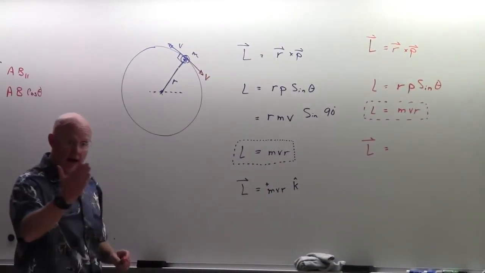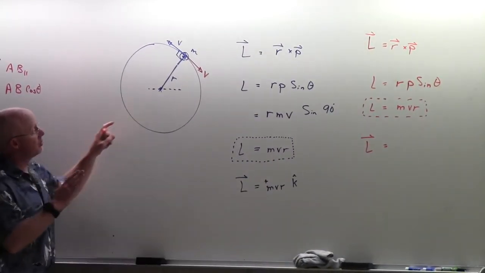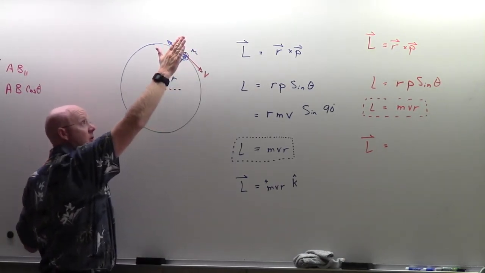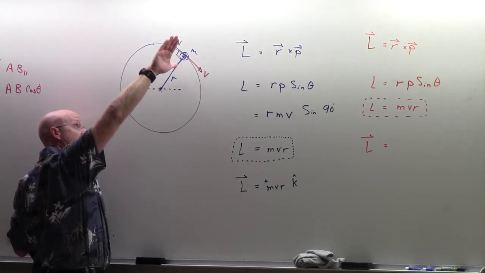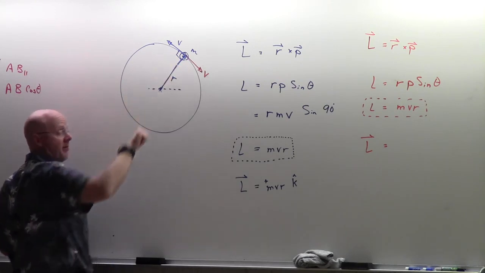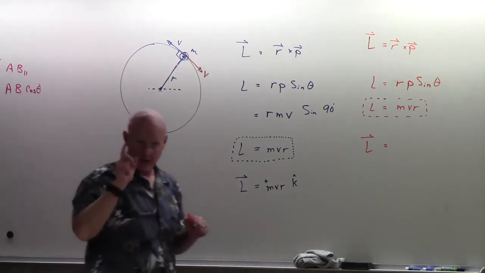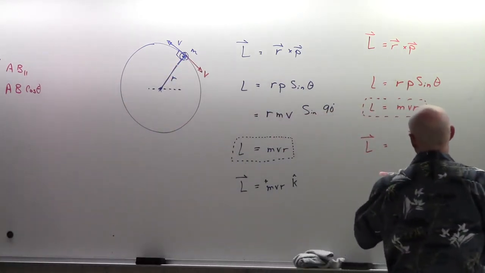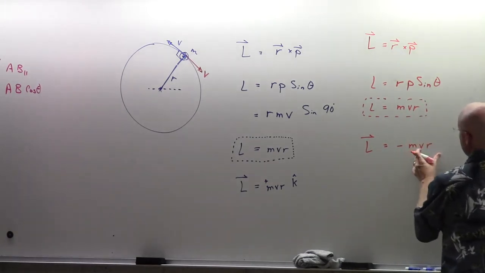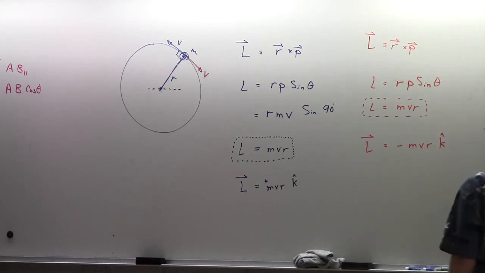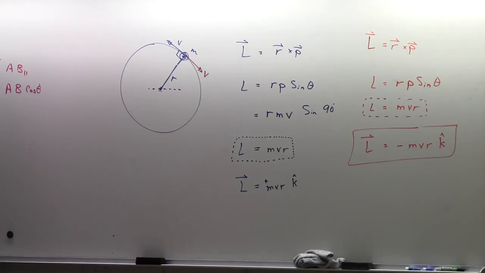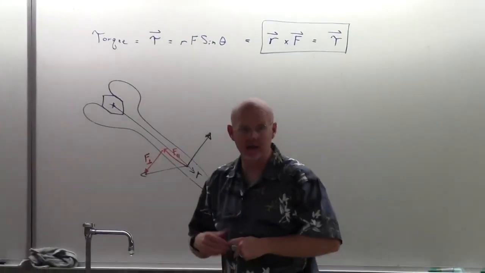So I'm going to take my right hand, and I am going to put my fingers in the direction of r. I am then going to adjust my palm so that I can close towards the p. And which way is my thumb pointing now? Yeah, good. Into the board. So that's a negative mvr in the k-hat direction. And so I would have an angular momentum that is into the board.